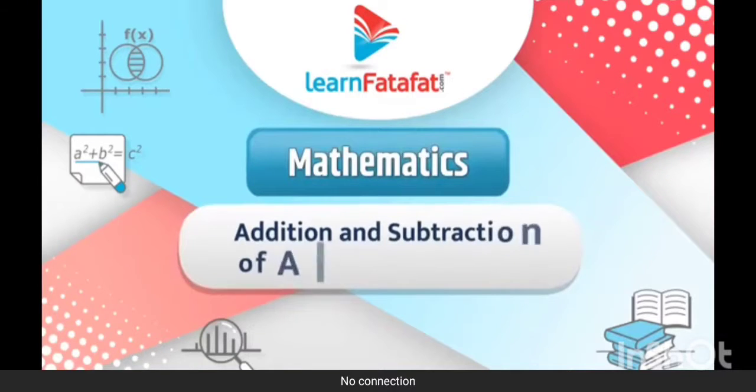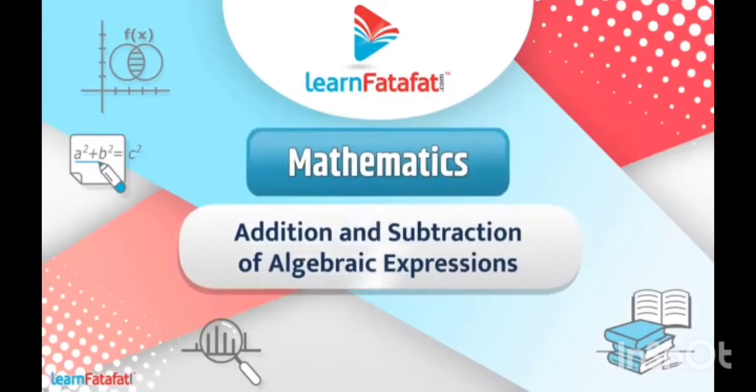Addition and subtraction of algebraic expressions. Let's understand the basics of algebraic expression. Here is an expression. It has two terms, 7pq and 3, which are separated by plus, that is addition operation.